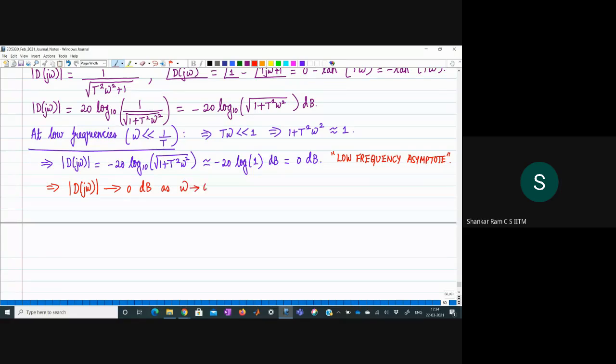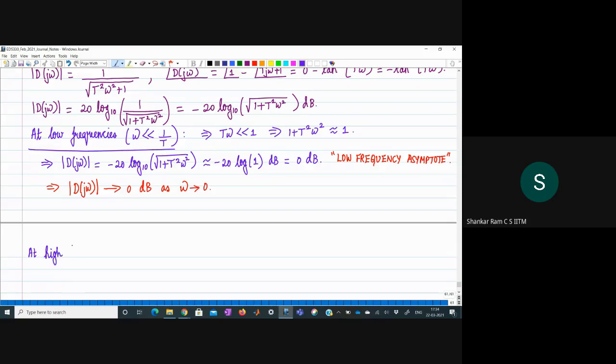So that's why it's called a low frequency asymptote. I hope it is clear why it is called low frequency asymptote. All right. So now, going forward, at high frequencies, what do you think will happen?